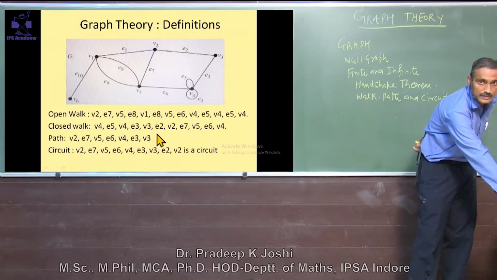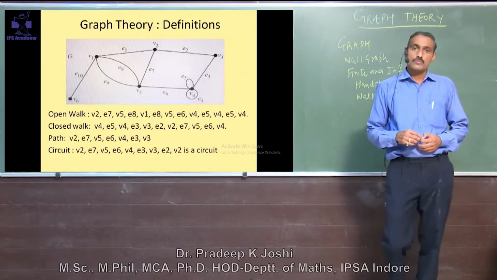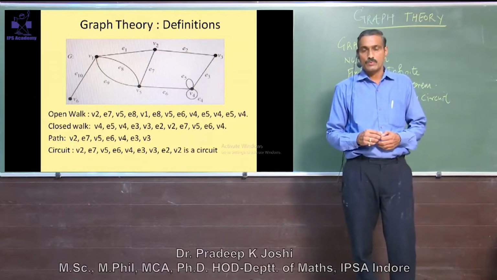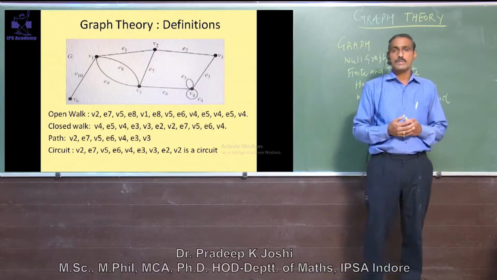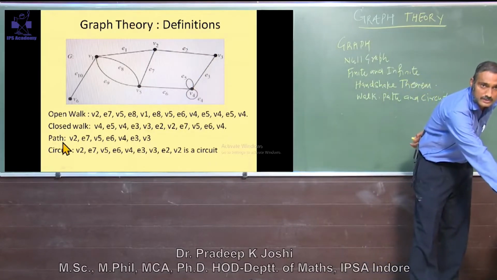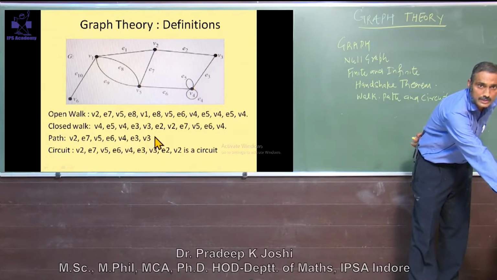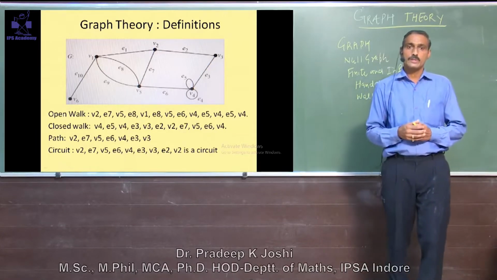A path is also a walk in which vertices are not repeated, but in a walk, vertices may or may not be repeated. So the path is V2, E7, V5, E6, V4, E3, V3. No vertex is repeating here.